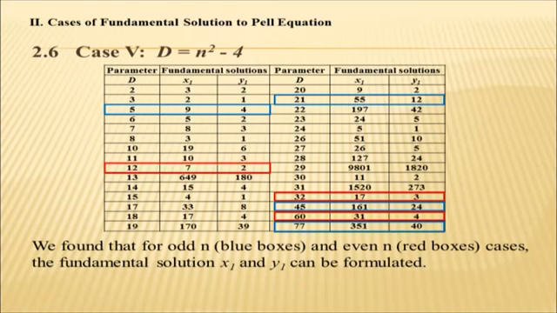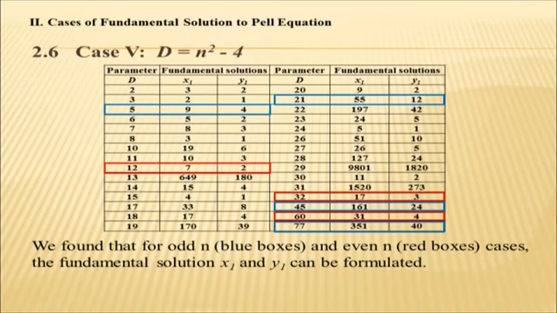And for the fifth case, when d equals n squared minus 4, we'll find out that for odd n and even n cases, the fundamental solutions of x1 and y1 will be different. As shown, when n equals 3, 5, 7, and 9, the fundamental solutions of y will be 4, 12, 24, and 40.